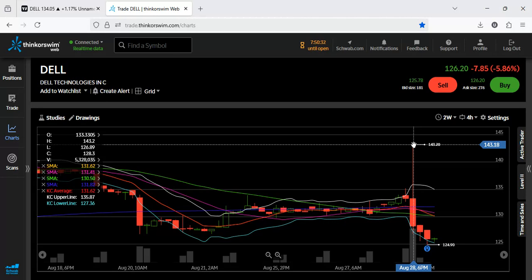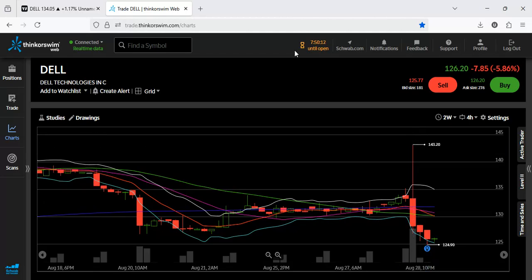So going by two random checks, we have validated that the probability of it retesting $140 or higher is less than 50%. Okay, let's talk about the earnings now.